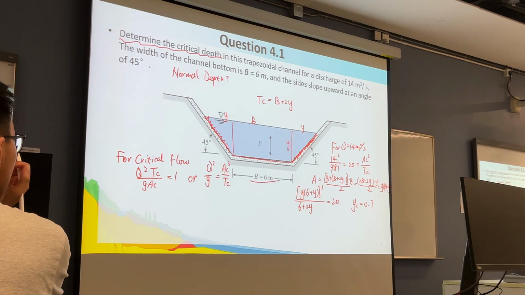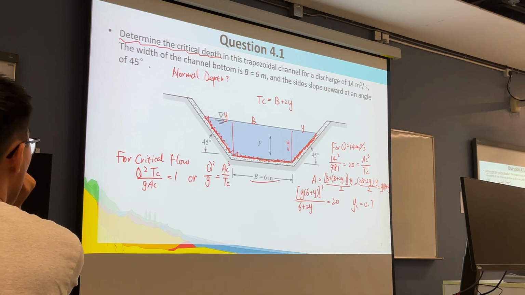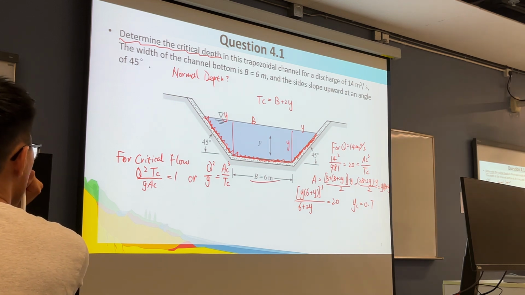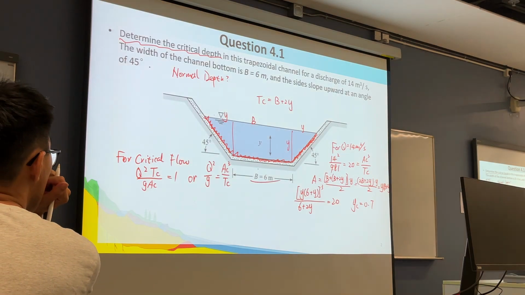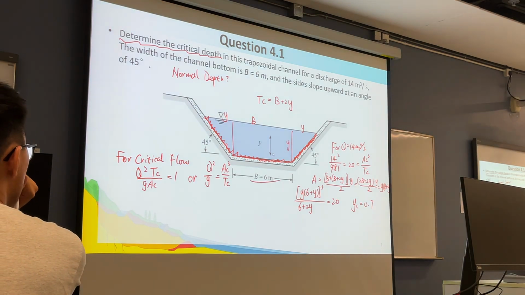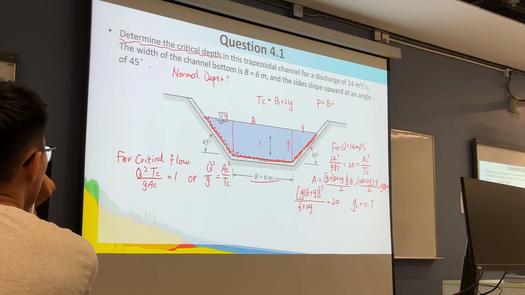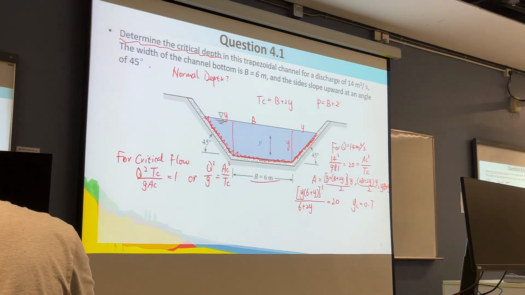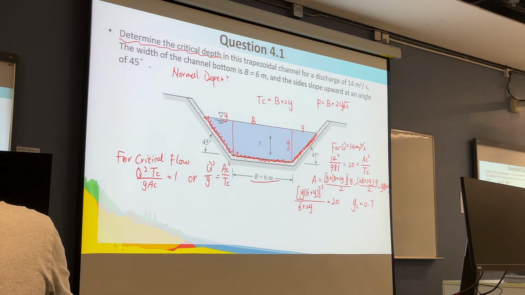If this water depth is y, the P is supposed to be B plus 2 times y square root 2, which is y divided by sine 45 degree.